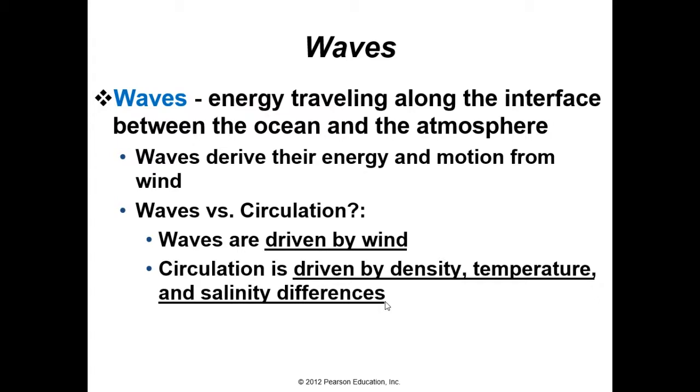The difference between waves and circulation is that waves are driven by that friction from wind, whereas circulation is driven mostly by the density, temperature, and salinity differences that we just looked at. So those are two different ways for ocean waters to move.